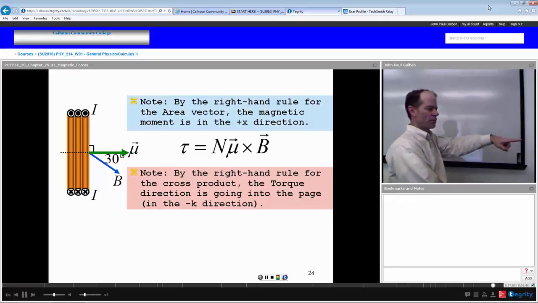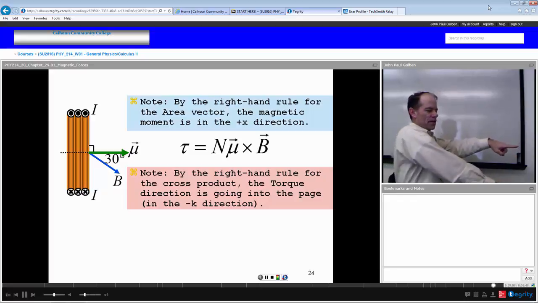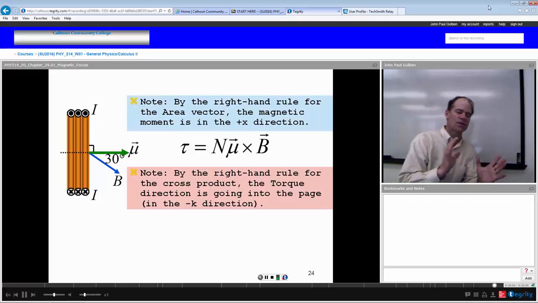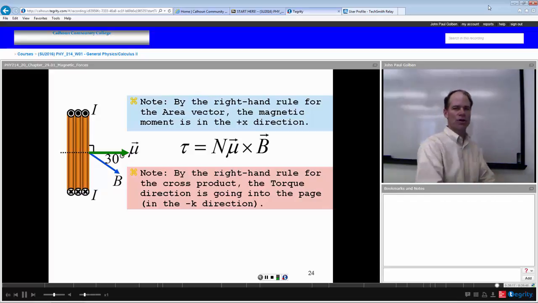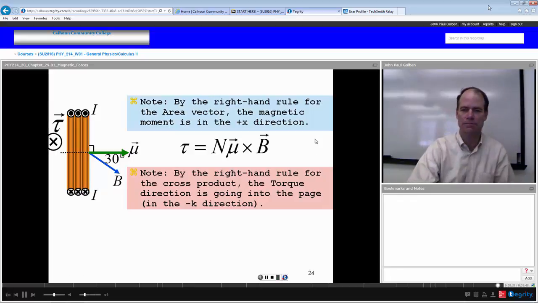The magnetic moment's here, the magnetic field's here, so it's going to move to align itself with the field, and hence the coil will turn in that direction. That's why you would use multiple phases when running a current through this coil, so that you don't always just align it; you put it out of phase so it keeps on turning again and again.